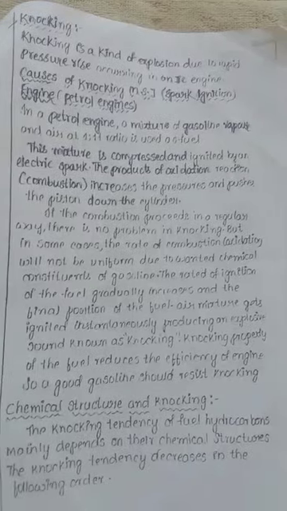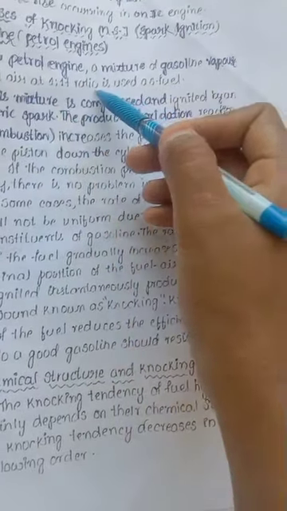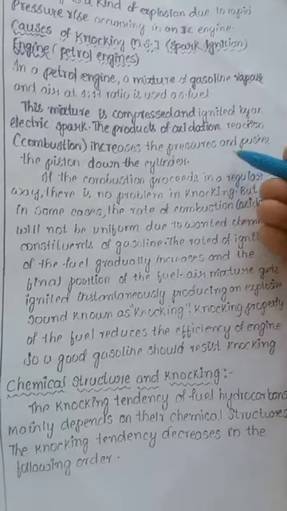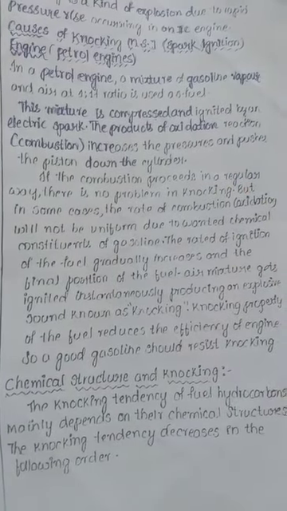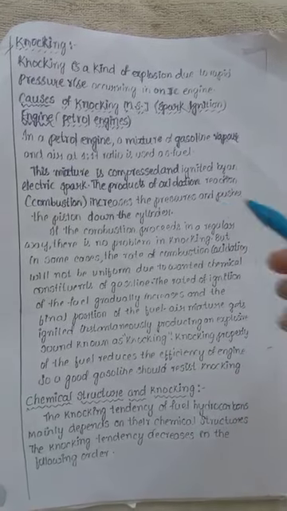In a petrol engine, a mixture of gasoline vapor and air is used as fuel. The mixture is compressed and ignited by an electric spark. The combustion reaction increases the pressure and pushes the piston down.